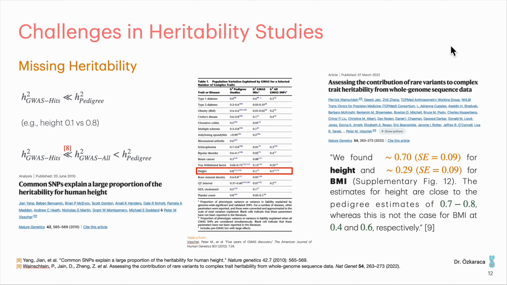For example, Wainschtein, Jain, and Zhang et al. estimated heritability for height and found that it's approximately 0.7 using whole genome sequencing data, which nearly matches the pedigree estimates of 0.7 to 0.8. However, for BMI, heritability estimates still fell short compared to pedigree-based estimates. So this still remains an open problem in genetics.